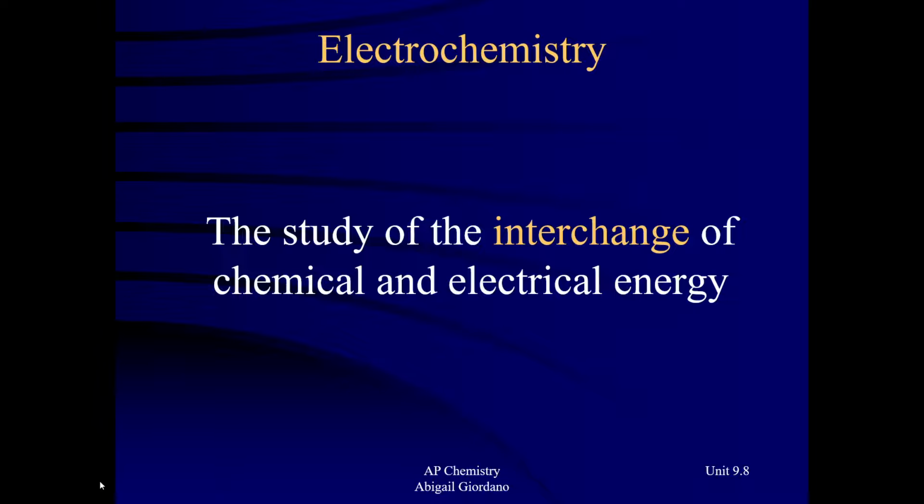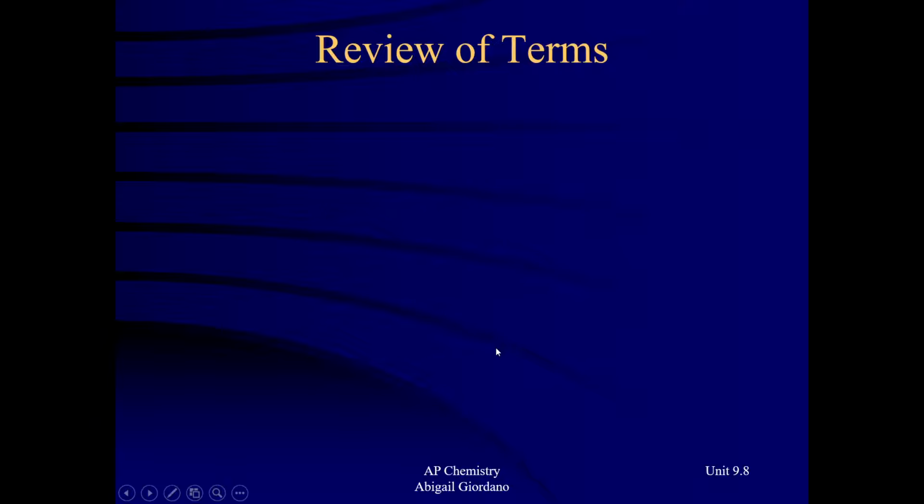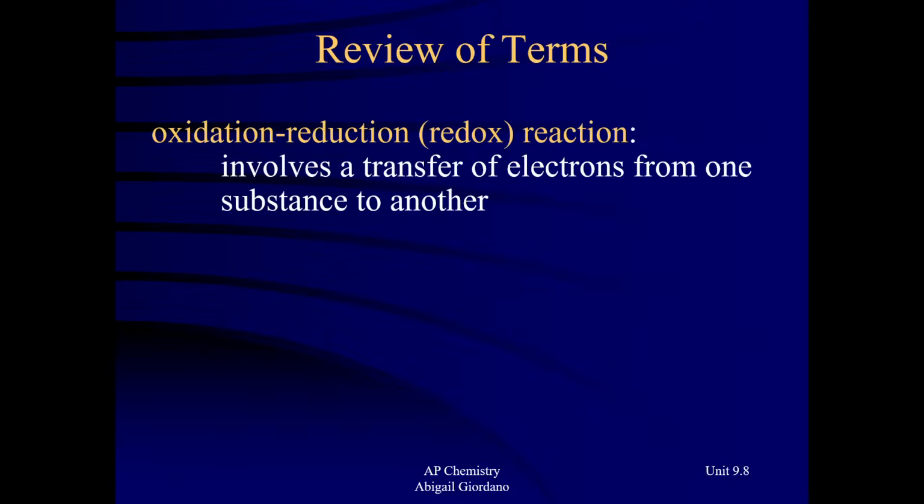And galvanic cells, sometimes in some textbooks called Voltaic cells, same thing, are a perfect illustration of this interaction. And in order to understand a galvanic cell, we need to review the term redox reactions, okay?